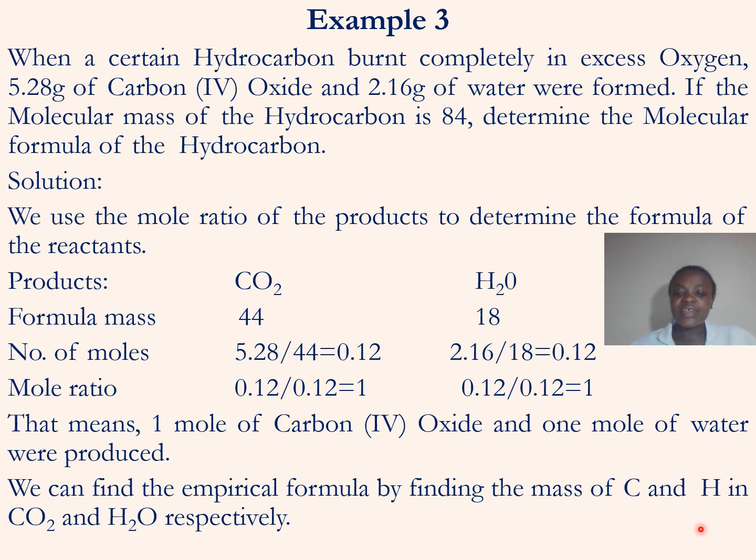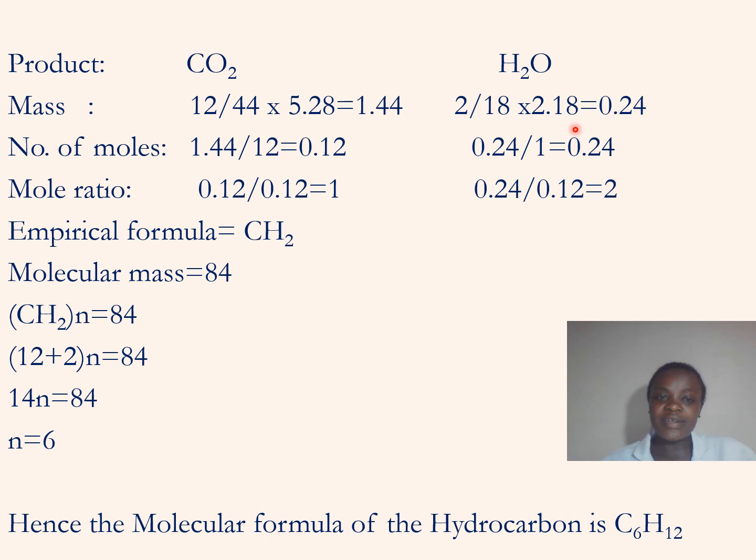So we are going to get the mass of carbon in carbon dioxide and the mass of hydrogen in water. So the next step, we take the products, then find the mass of carbon in carbon dioxide. To get the mass of carbon in carbon dioxide, we take the mass of carbon, which is 12, then divide by the total mass of carbon dioxide, which is 44.